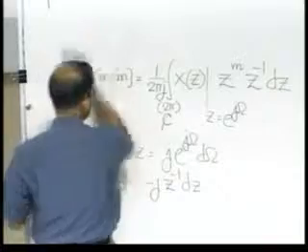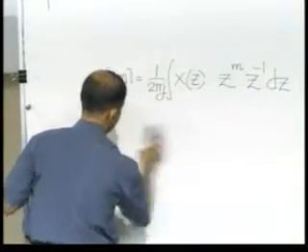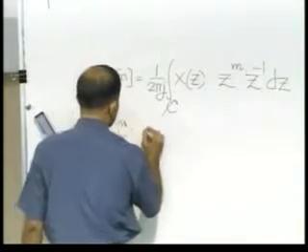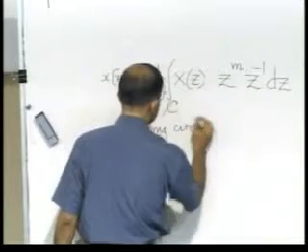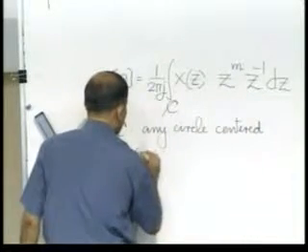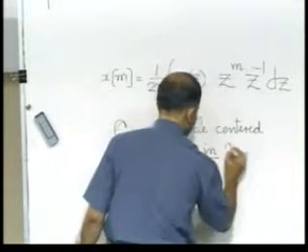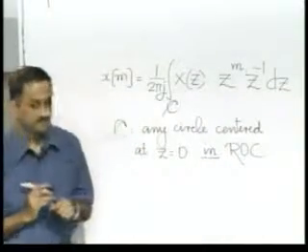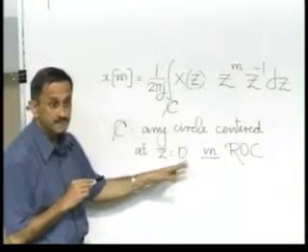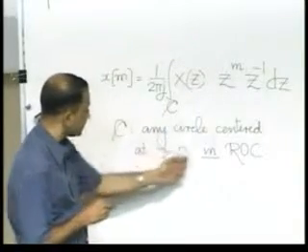So, I write integral not over 2 pi, but integral on a contour C, where C is any circle centered at z equal to 0 completely in the ROC.